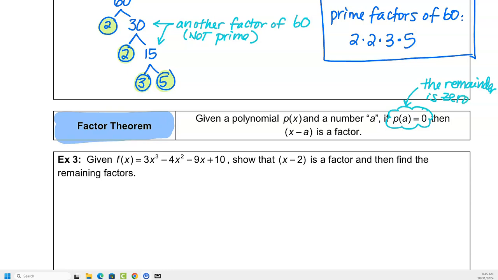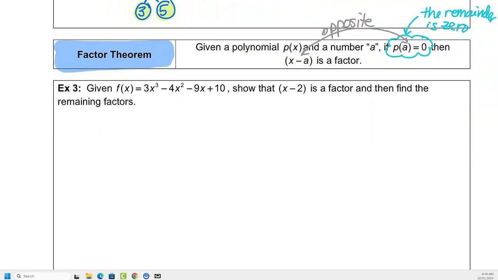So if you find p of a equal to 0, then what that means is that x minus a is a factor, because it divides evenly. It doesn't have a remainder. Notice here it's x minus a, but it's a here. So it's the opposite, because we're pulling from a factor, x minus a.